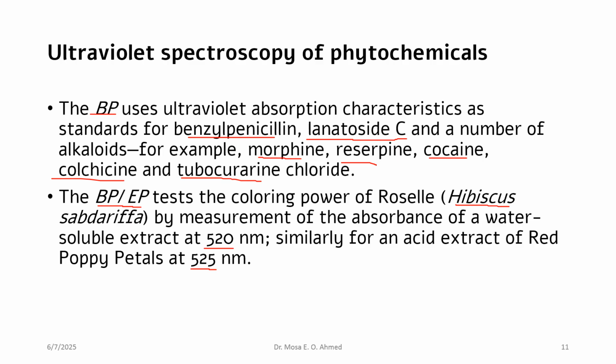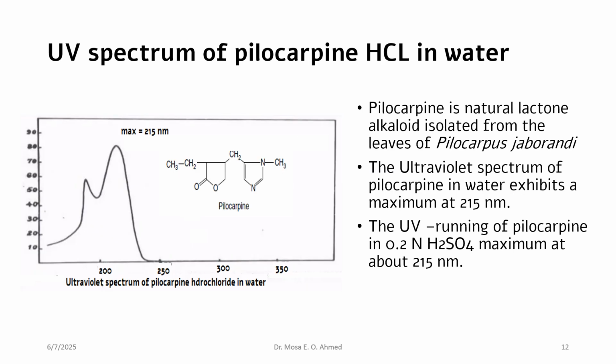That means the BP and EP use absorbance at a specified maximum for the colored extracts as a standard identification method. This is an example of using UV spectrometry for natural products.